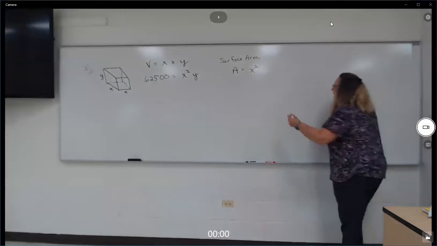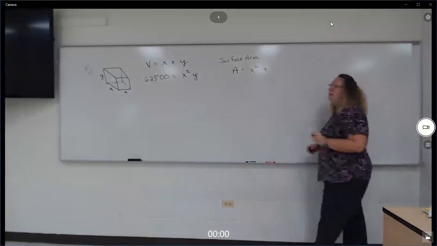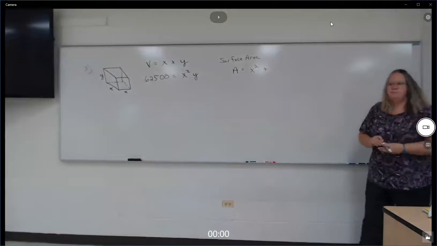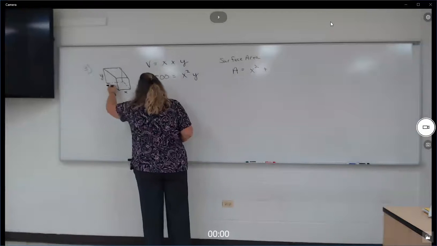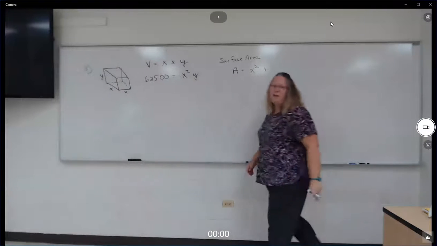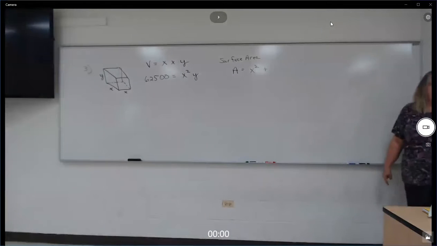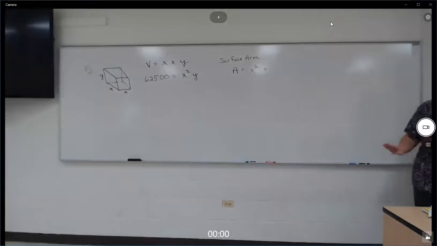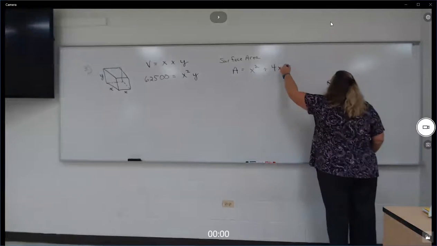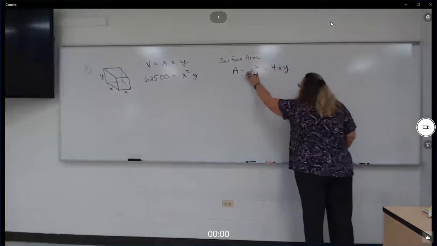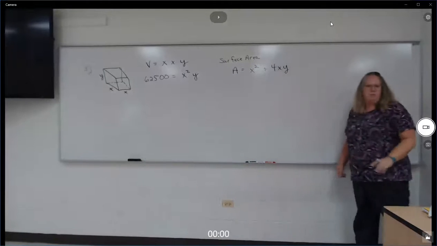Then we add to it the 4 sides. How do we find the area of one of the sides? That would be X times Y, and we have 4 of them. So we have 4XY. These are the 4 sides, this is the base, and we have no top.